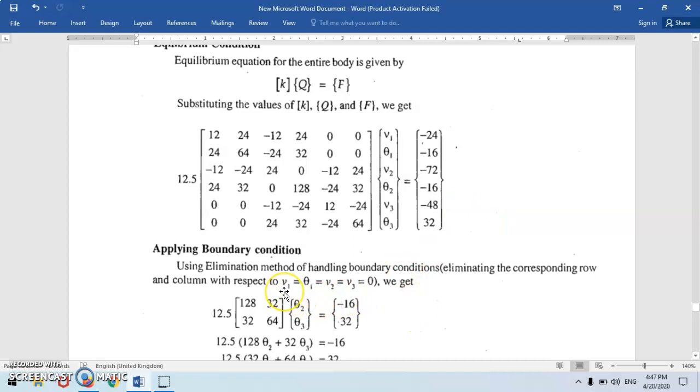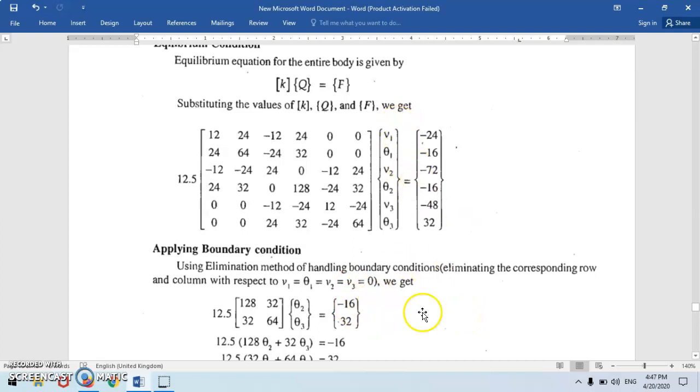How to cancel? If you see the problem, V1, theta 1, V2 and V3 are 0, because the first node is fixed, and at the second node you have the roller support. That is why there is a rotation theta 2, and V2 is 0, and in the third node also V3 is 0 and theta 3 is present.